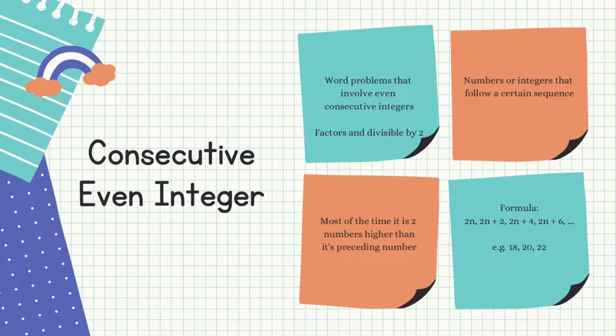For example, 18, 20, and 22. 22 is 2 higher than 20, and 20 is 2 higher than 18. It uses the formula 2n, 2n plus 2, 2n plus 4, 2n plus 6, and so on, and it can be widened.